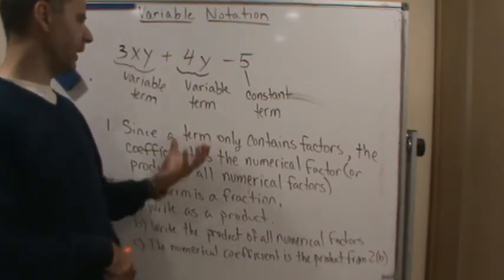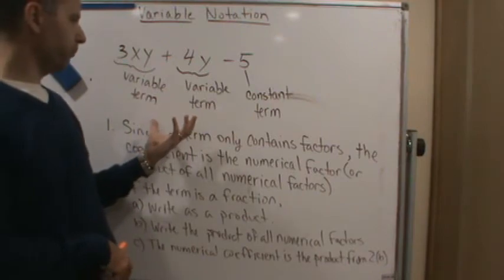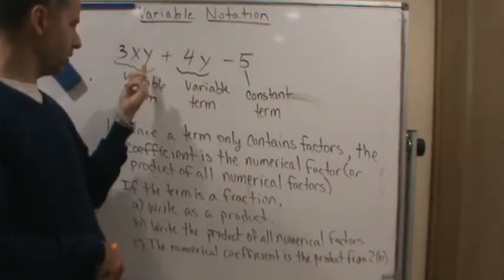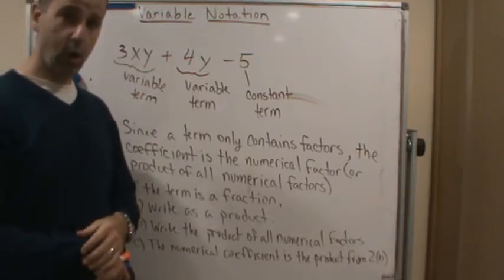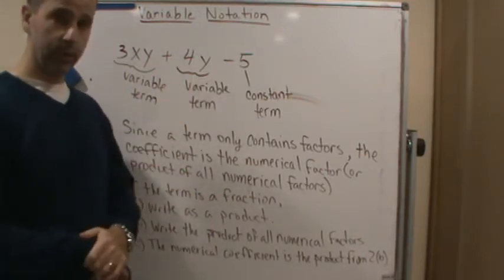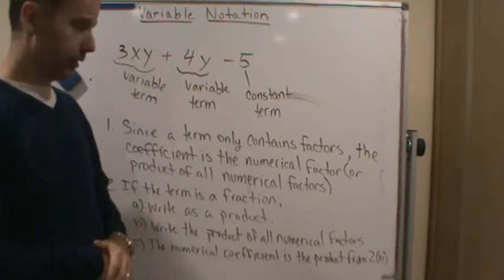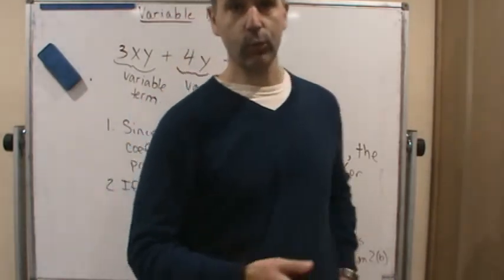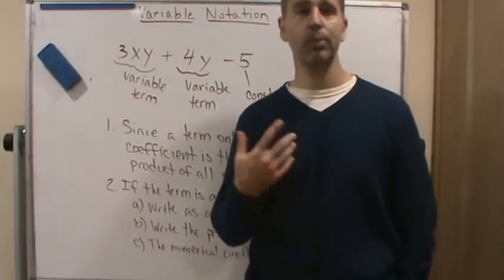Now, in a variable term, we have factors, right? If it's made up of factors, each factor we call a coefficient. The number part is what we call the numerical coefficient. In general, whenever we use the word coefficient, we typically mean the numerical coefficient.